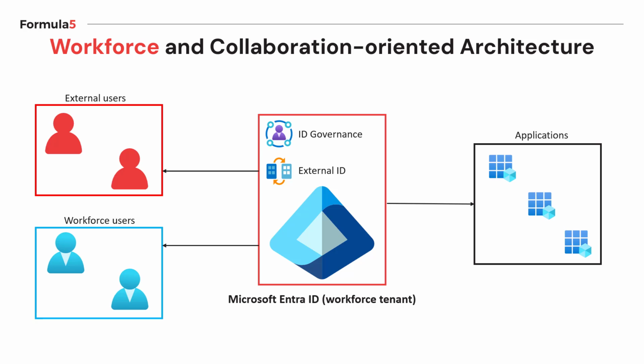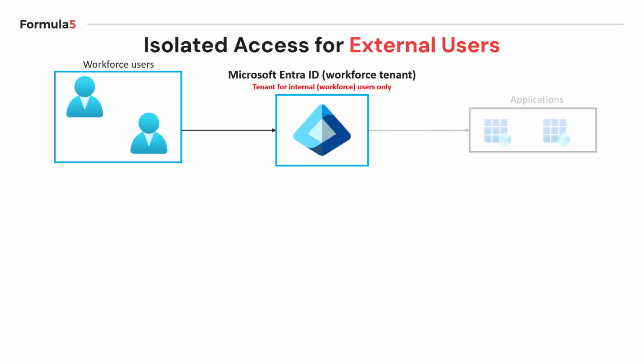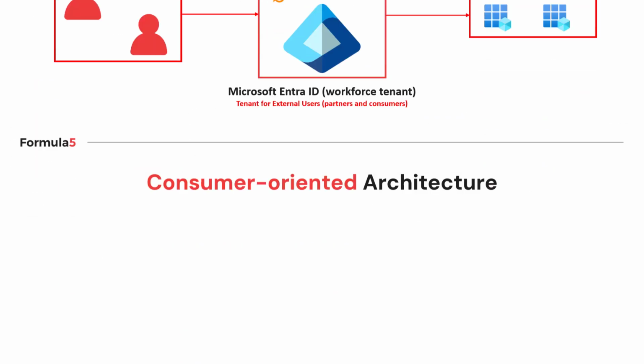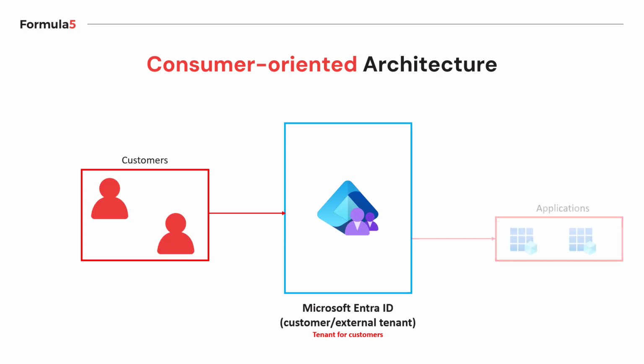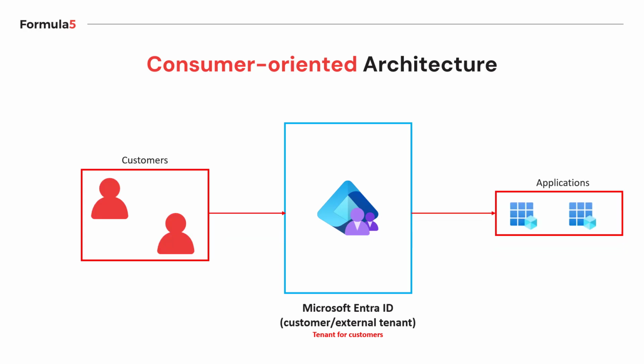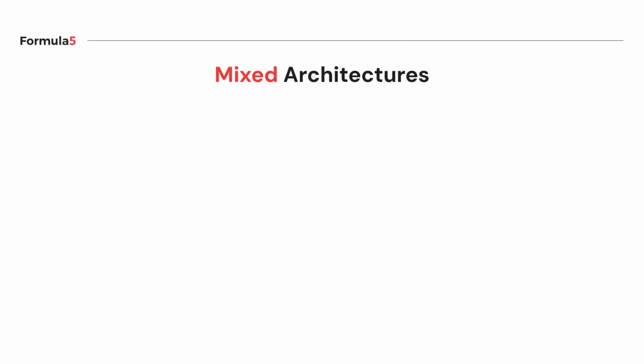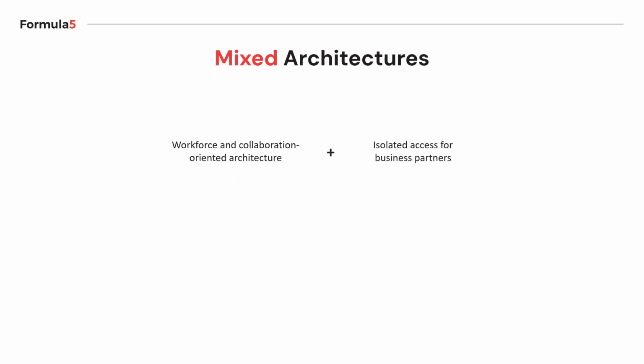So in this case, you can combine this architecture with the consumer-oriented architecture I mentioned before. In the end, you end up with the workforce and collaboration-oriented architecture with your workforce Entra ID tenant, and you have a separate, isolated tenant, which also enables access for business partners and customers.